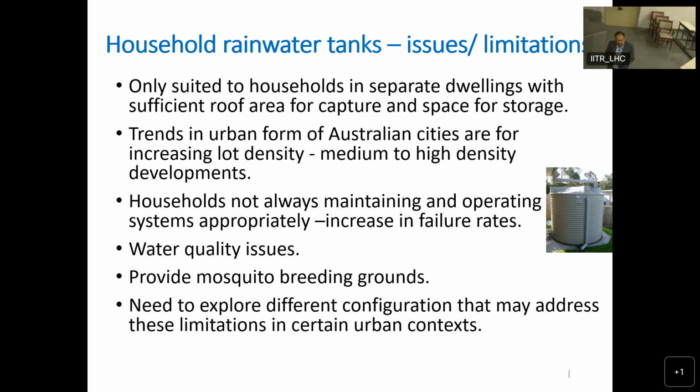So what size can we fit properly in the area which we have, considering the cost aspect? All those factors have to be looked into while you are designing the rainwater system.